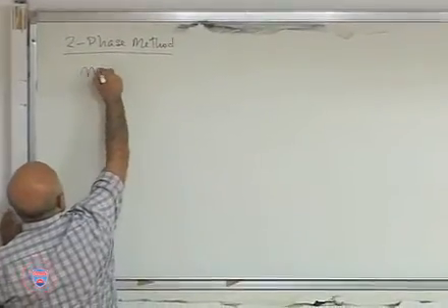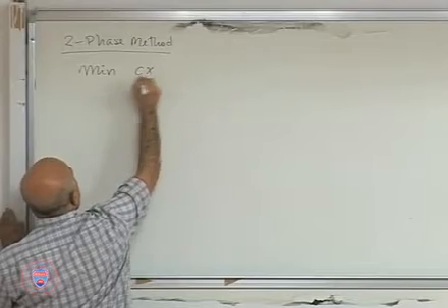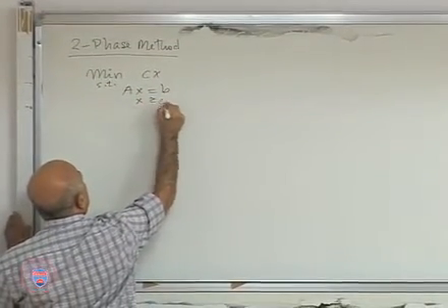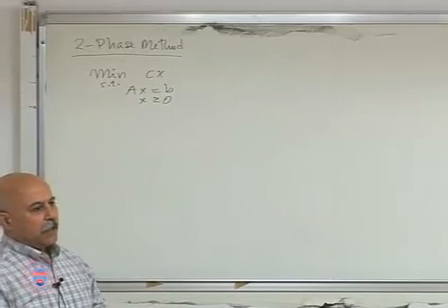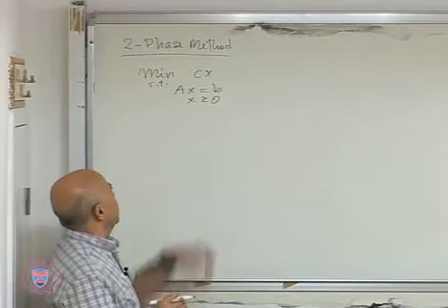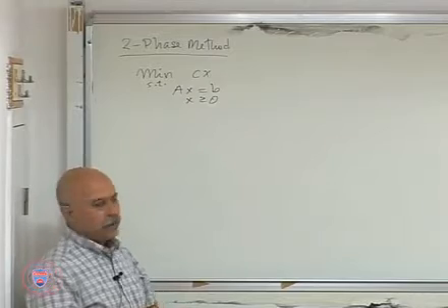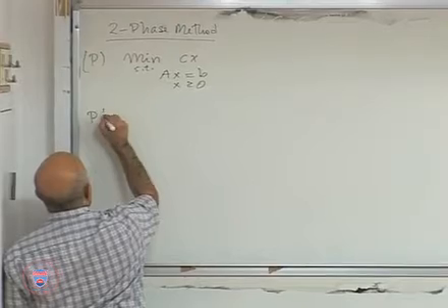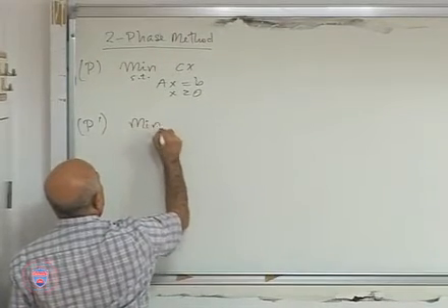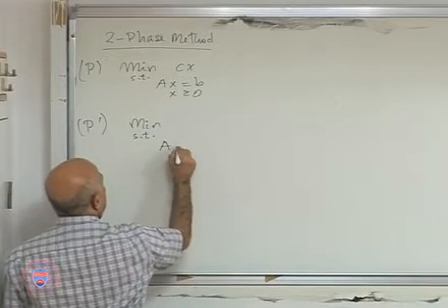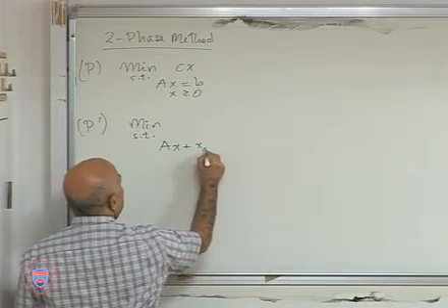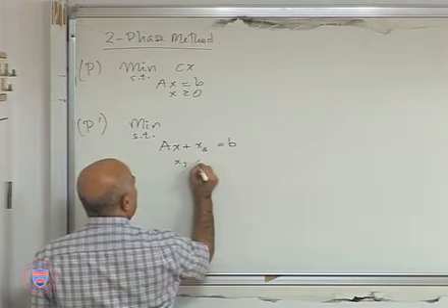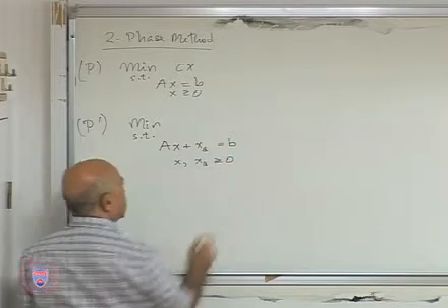Again, suppose we're looking at the problem minimize Cx subject to Ax equals b, x greater than or equal to 0, and there's no obvious basis to start with, in which case we change the original problem to a new problem, P prime, where the constraints are perturbed by a vector of artificial variables with x and xa greater than or equal to 0.